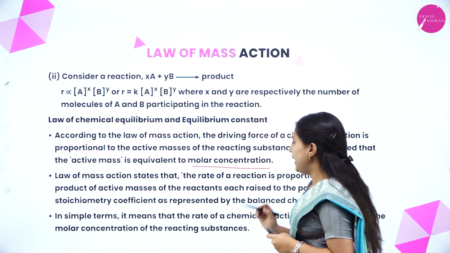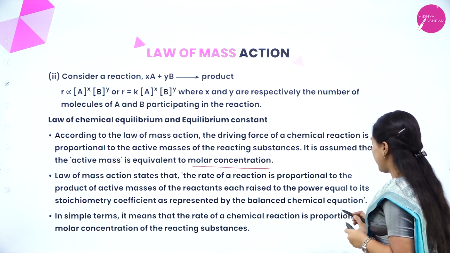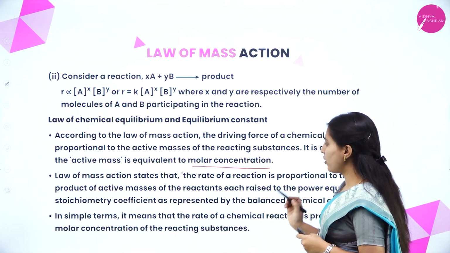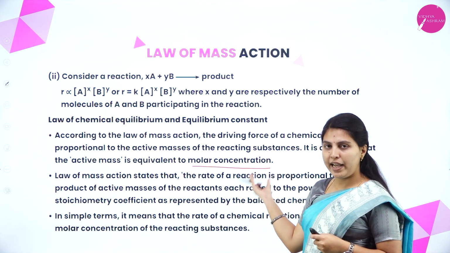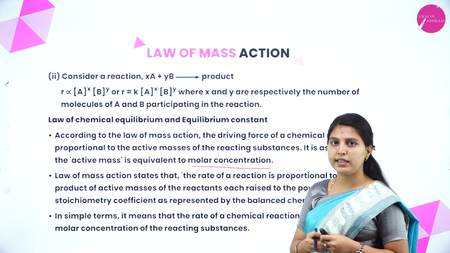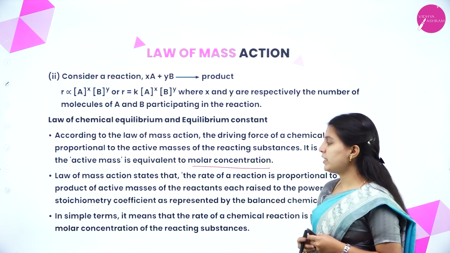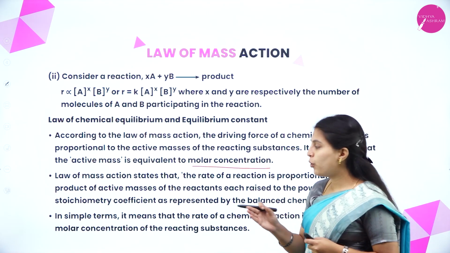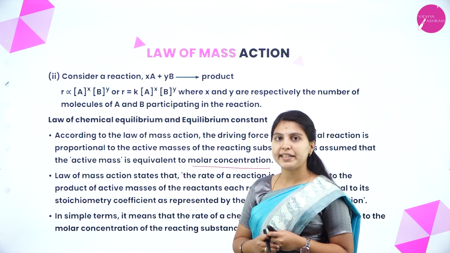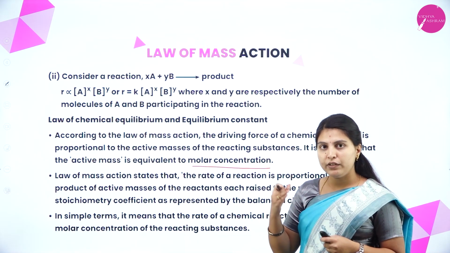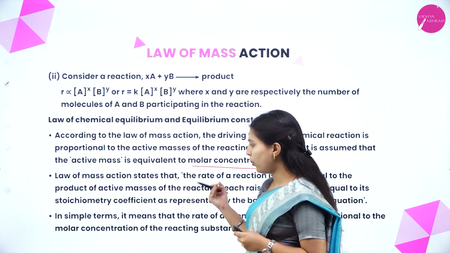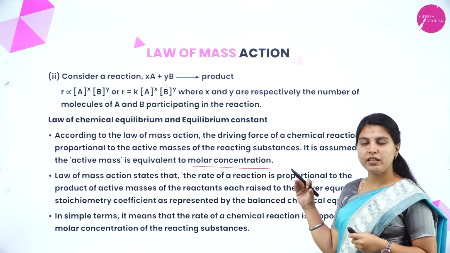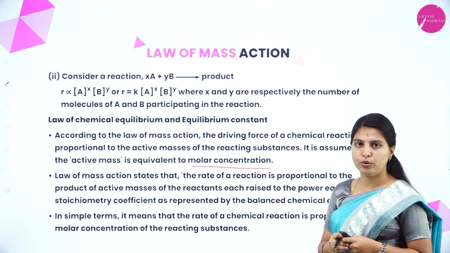In simple terms, it means that the rate of chemical reaction is proportional to the molar concentration of reacting substances. If the molar concentration of reacting substances is more, obviously the chemical reaction will also be more.